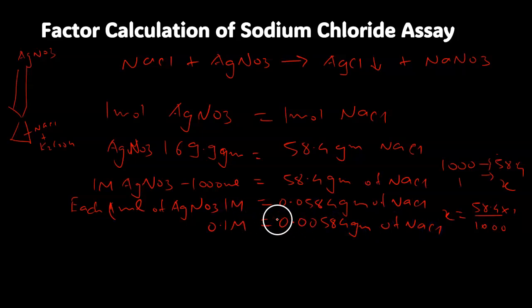You can do this cross multiplication very easily, and again I can write each ml of AgNO3, that is 0.1 molar, neutralizes this much amount of sodium chloride. So this factor you can utilize for further assay calculation.